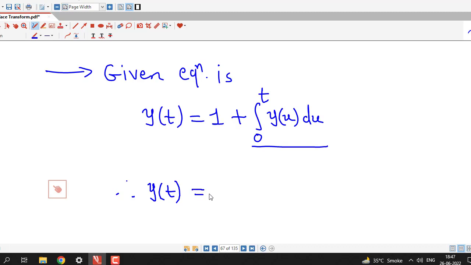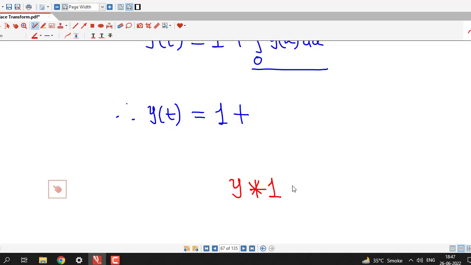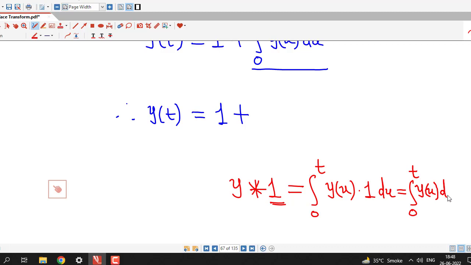So you can see, if I consider convolution of function y with constant function 1, suppose I find out y star 1, then by the definition of convolution this is going to be integral 0 to t value of y at u, which is y of u, and value of this constant function at t minus u, and because function is constant, its value is 1 at every point. So this is nothing but integral from 0 to t y of u du.